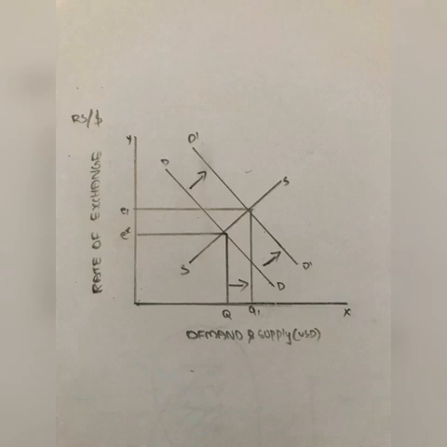Similarly, the quantity also increases to the right side and it goes up to E1. That's why the exchange rate rises from 65 to 66.